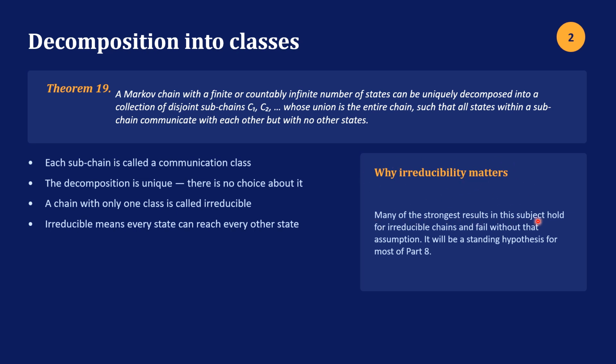Many of the strongest results in this subject hold for irreducible chains and fail without that assumption. As I mentioned before, even if you don't have an irreducible chain, you can break your Markov chain into irreducible subchains, and then you can apply these various theorems that I've alluded to to the subchains.